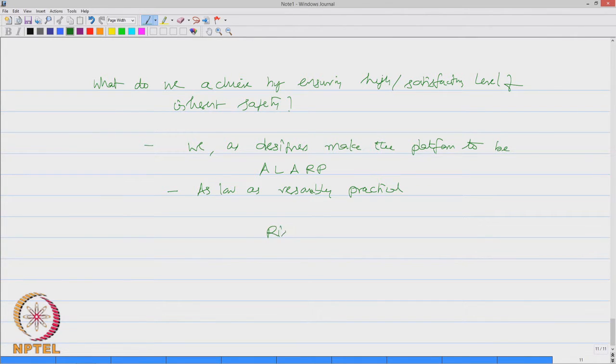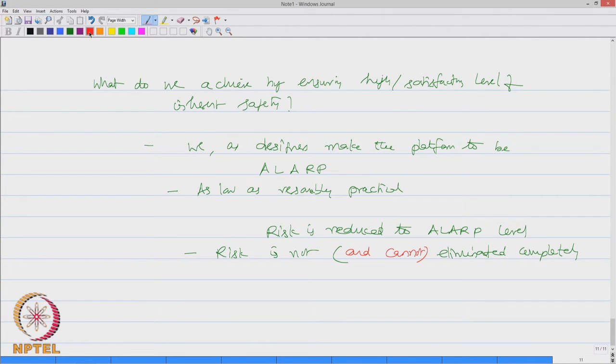So, the risk is reduced to an alarm level, plus please understand risk is not and in fact cannot be eliminated completely.